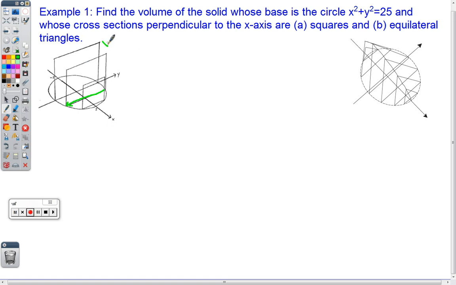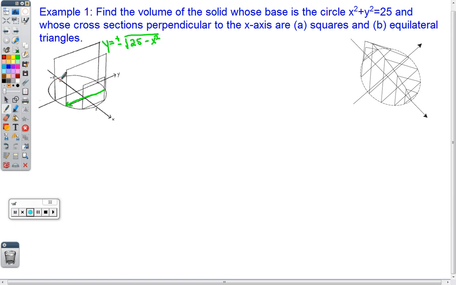So I'm going to figure out that y is equal to plus or minus, if I move x to the other side, the square root of 25 minus x squared. That gives me actually two functions.